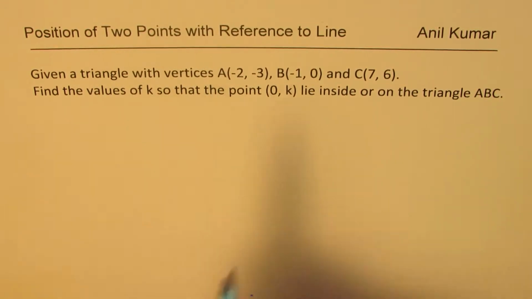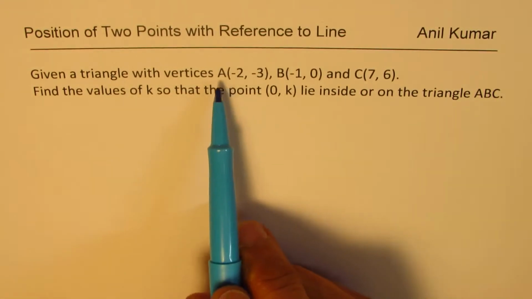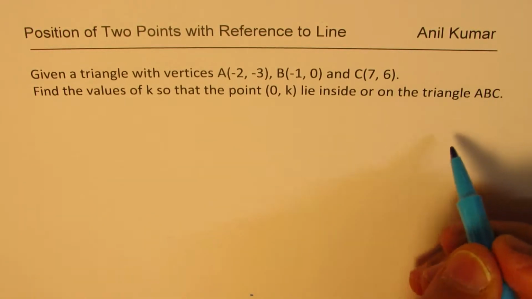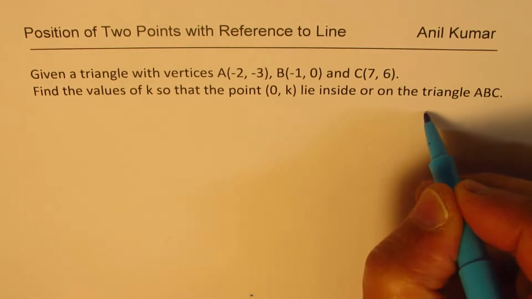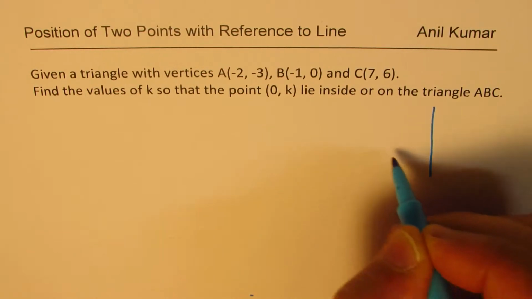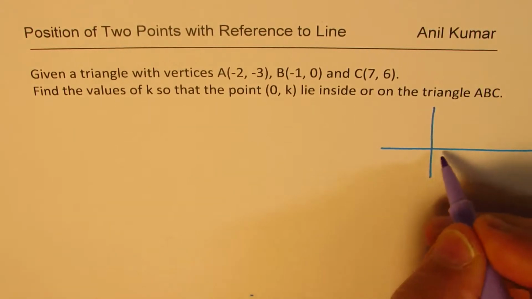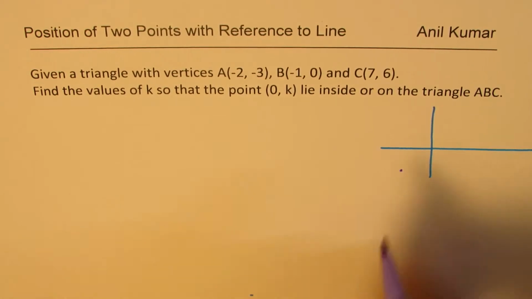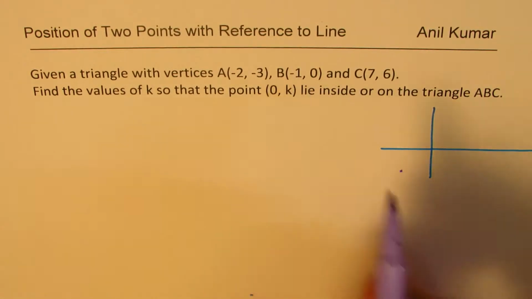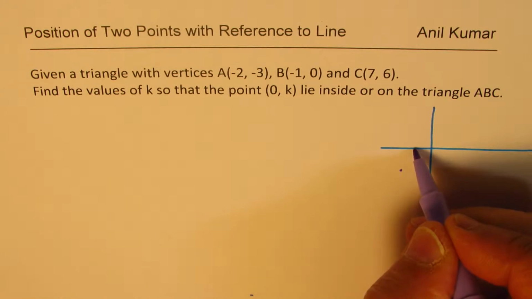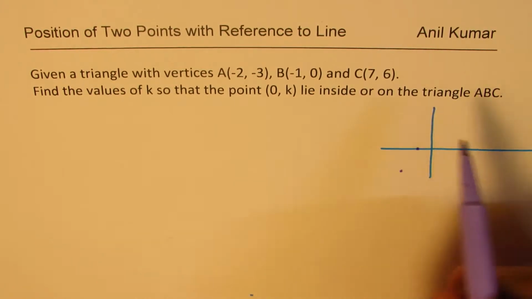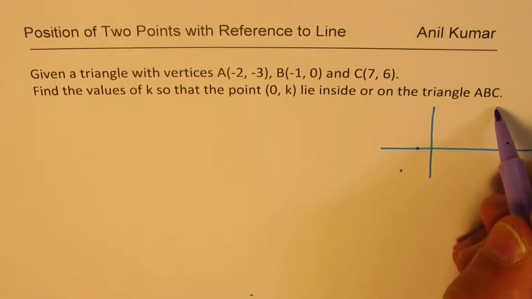Now, let's try to sketch a triangle, a rough sketch. A is (-2, -3), so we'll sketch it here, somewhere on this side. (-1, 0) will be somewhere here, and then (7, 6) will be somewhere there.